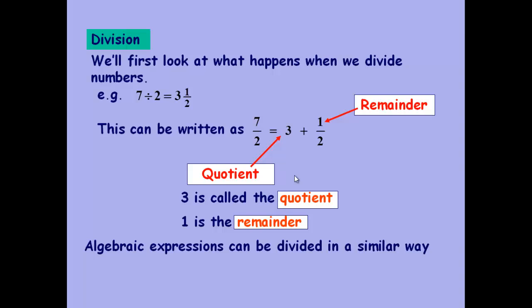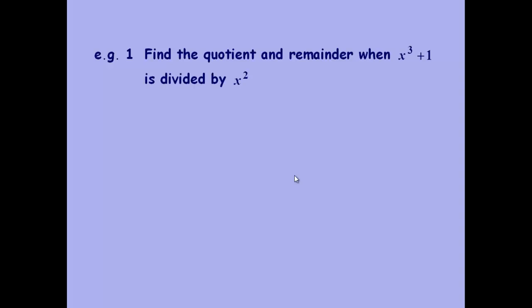We do a similar process with algebraic expressions. So for example, if we're dividing x cubed plus 1 by x squared, we could again split it up like so. x squared into x cubed gives us just x, doesn't it?